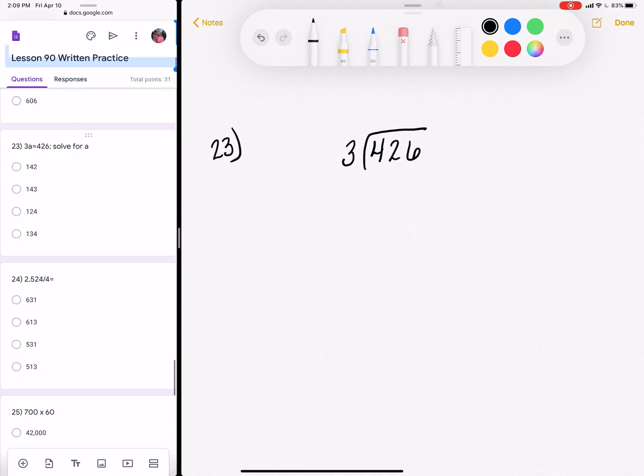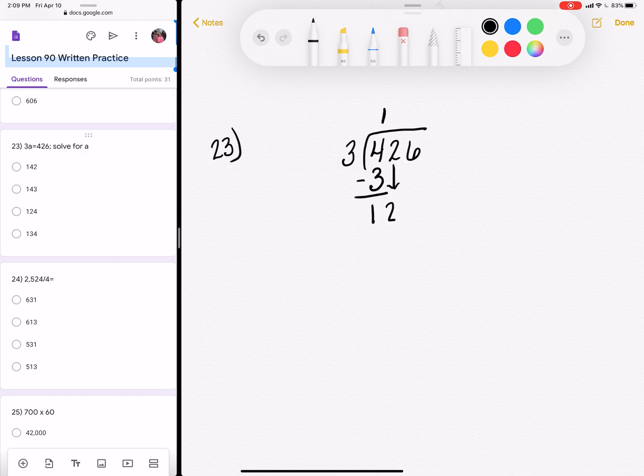23. 3a equals 426. So we're solving for a. We need to divide through, 426 divided by 3, to show what one of those a's would be equal to. 3 goes into 4 one time. 1 times 3 is 3. 4 minus 3 is 1.